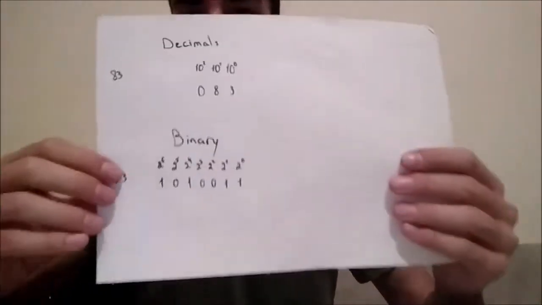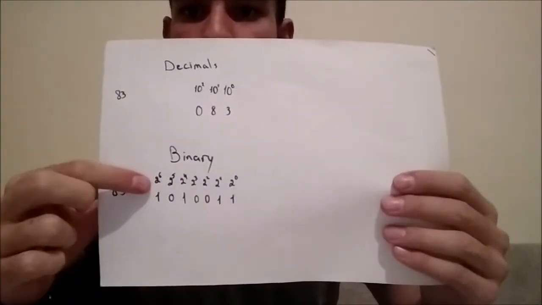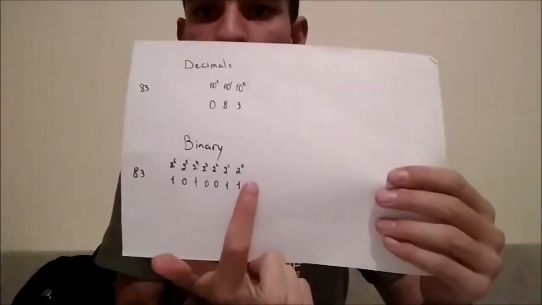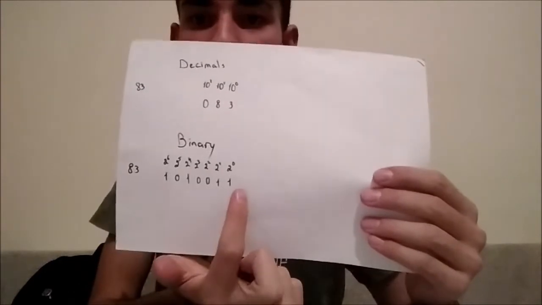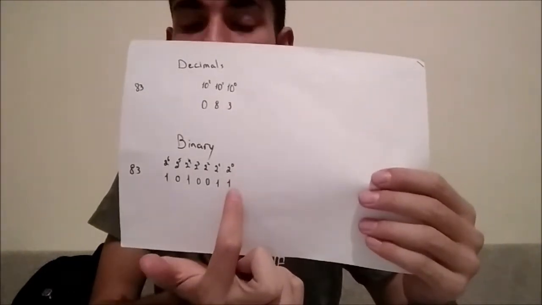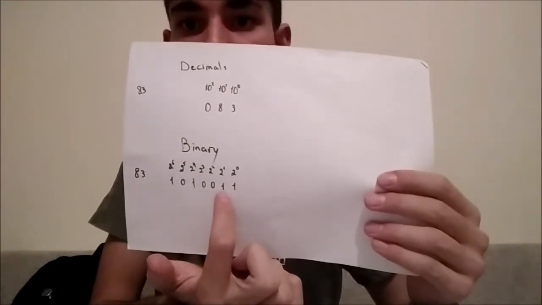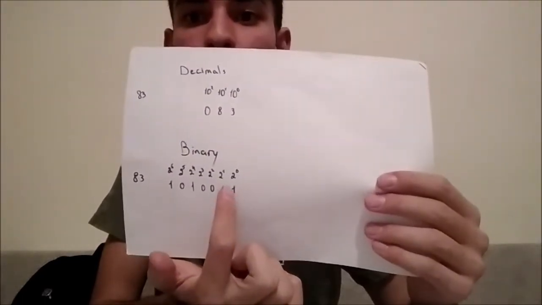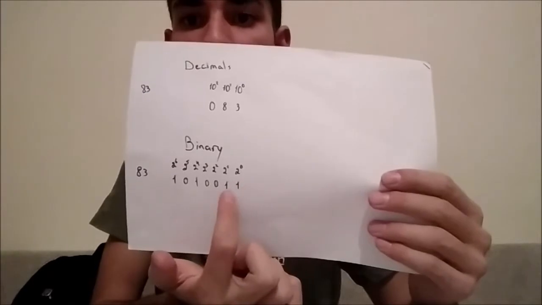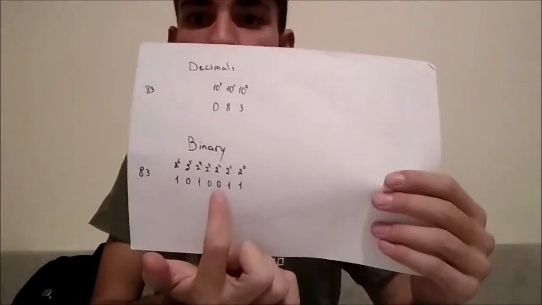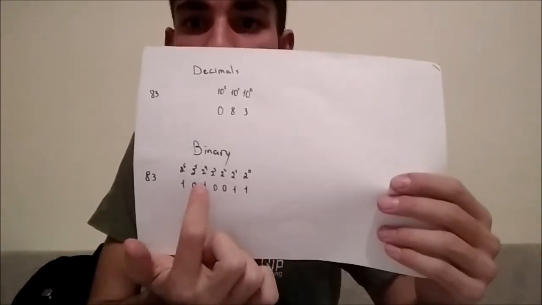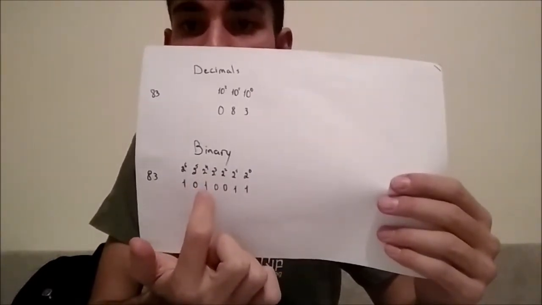So as you can see, it's the same logic. 2 to the power of 0 times 1 means 1, plus 2 to the power of 1 times 1, which is 2. So it's 1 plus 2. Then here it's 0, 0, so 1 plus 2 plus 0, 0 plus 2 to the power of 4 times 1, which is 16.